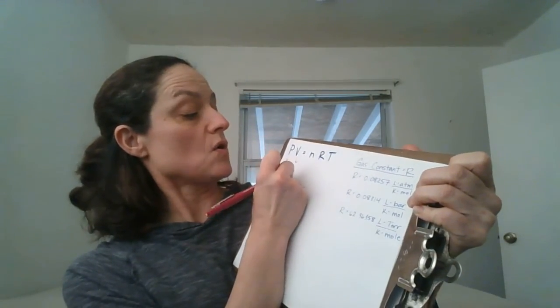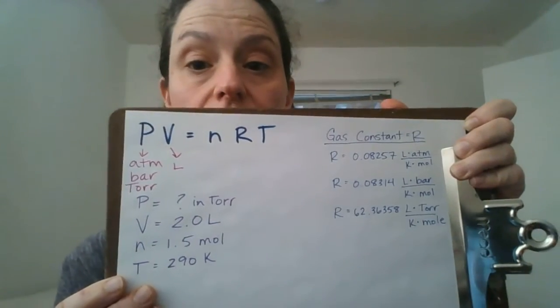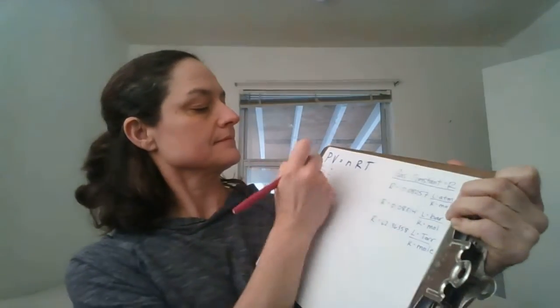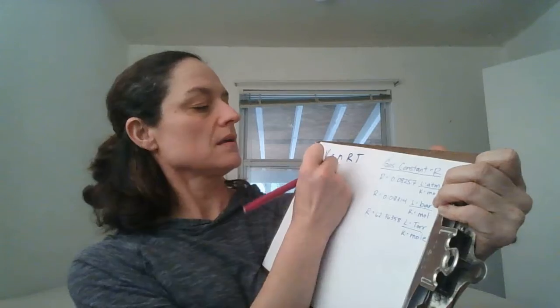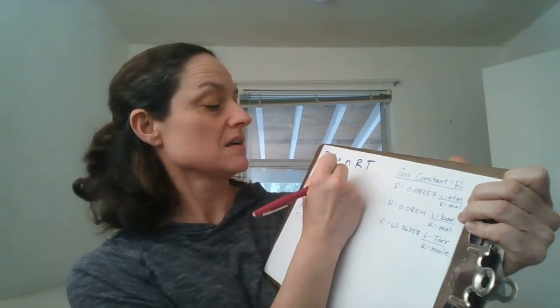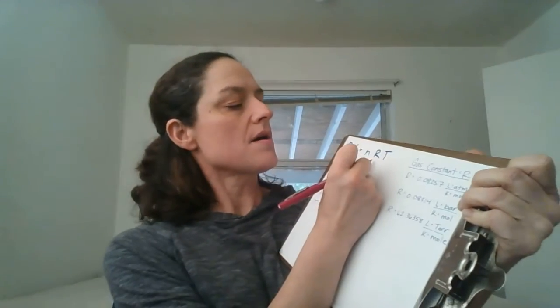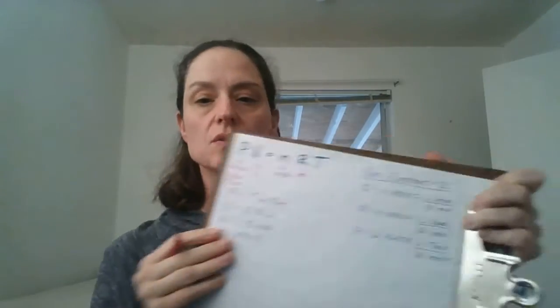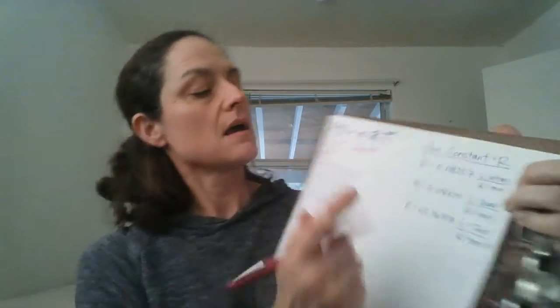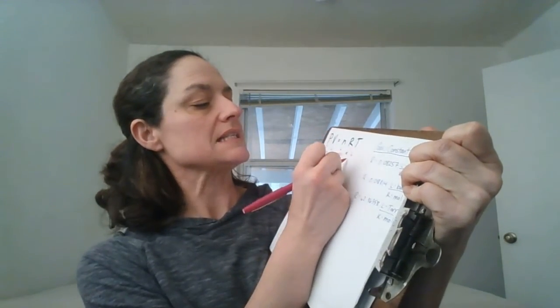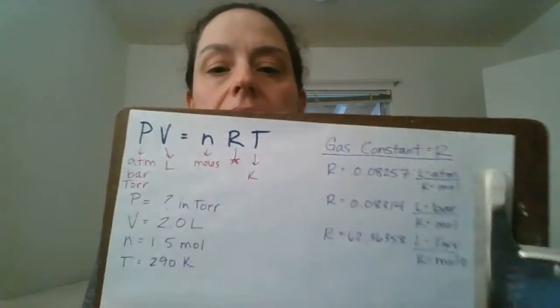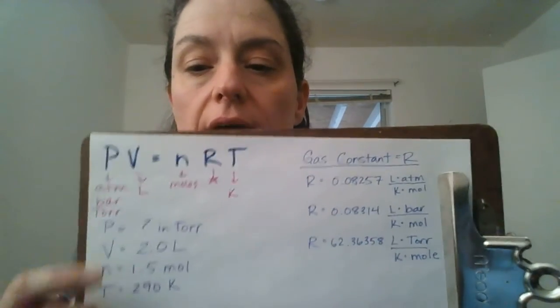Volume is always in liters. N, the number of moles, is just in moles. R is the one that is special. I'm going to talk about that in just a second. Temperature, T, is always in Kelvin. So take a look at that for just a second.